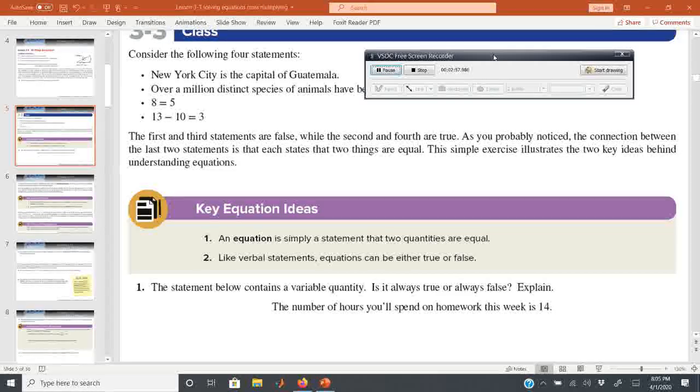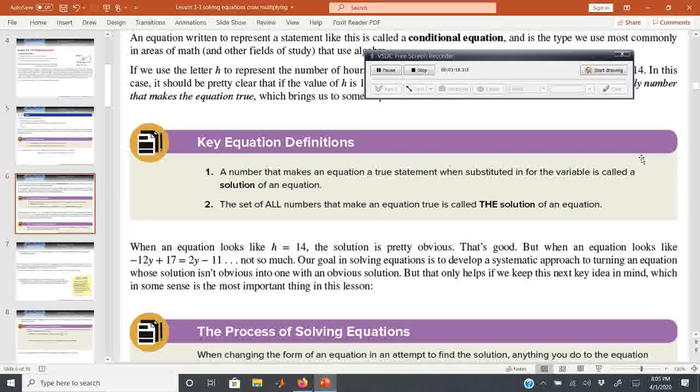That's a statement that can be true, or it can be false. It's not always true. It's not always false. So in answer to the question, no, it's not always true, it's not always false. It may be true, it may not.